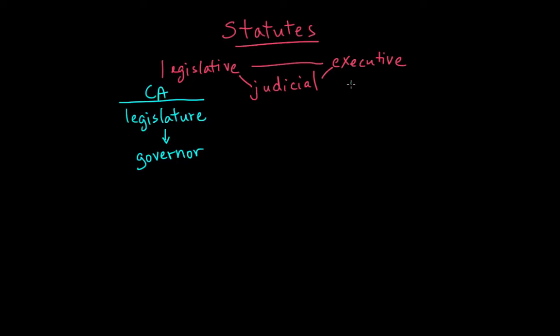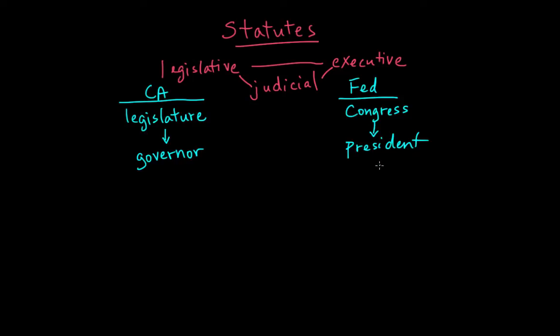And then for a federal statute, it's the same thing, except the bill is introduced into Congress, which is the federal legislature. And if it's passed by Congress, it's then signed by the chief executive, the president. Right? If that happens, it becomes a law, it becomes a statute. And once a statute is enacted, it's then published in chronological order.